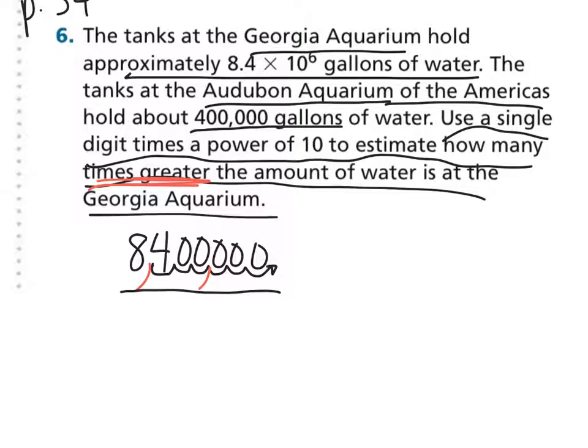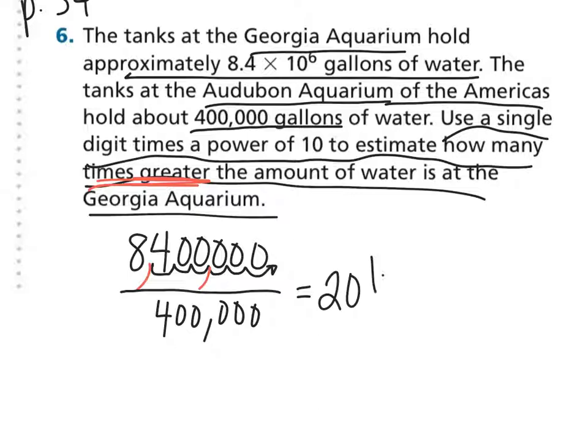The other one was 400,000 gallons. To figure out how many times greater one thing is than the other, we can divide. If you do that on a calculator, it should come out as 20.